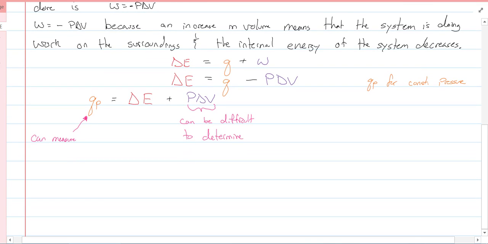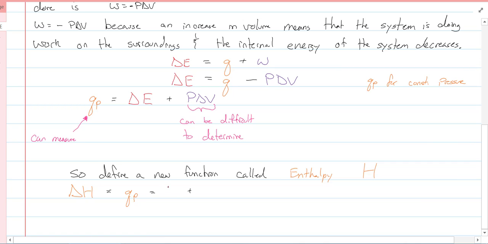So we're going to define a new function called enthalpy. And H is the symbol. So delta H, the change in enthalpy, would equal Q_P, the heat transfer at constant pressure, which is equal to delta E plus P dV, the work.